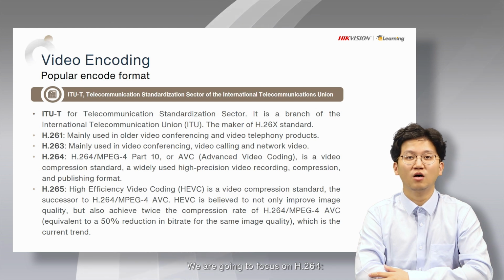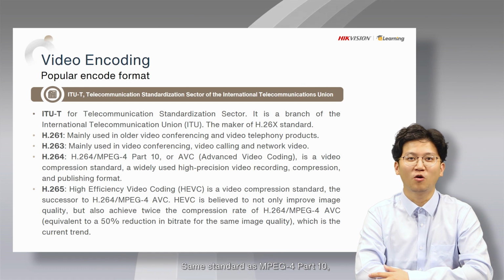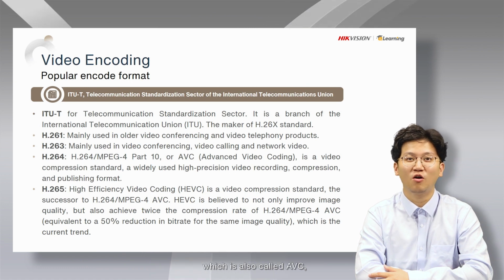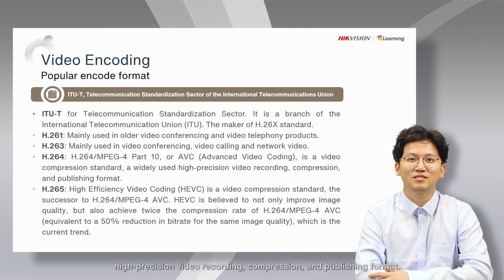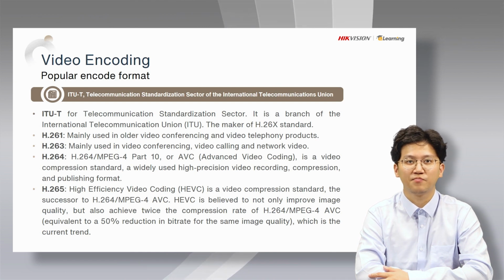We are going to focus on H.264, the same standard as MPEG-4 Part 10, which is also called AVC. It's a video compression standard, a widely used high-precision video recording, compression, and publishing format.